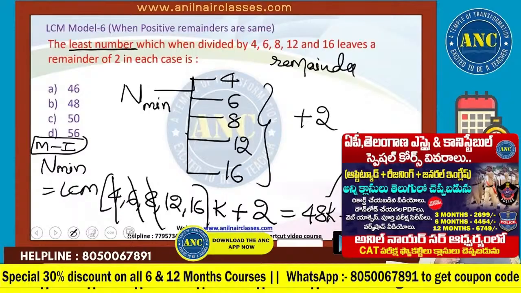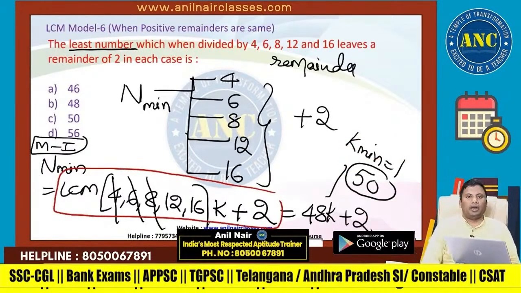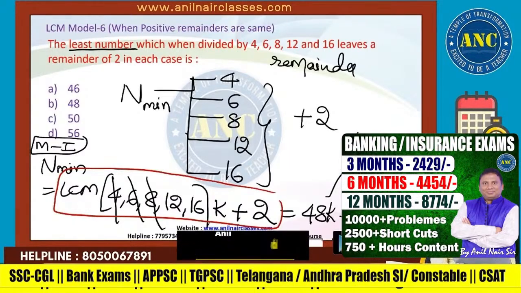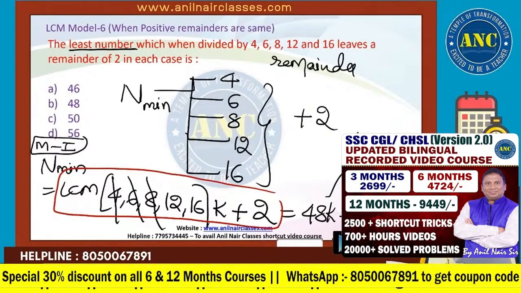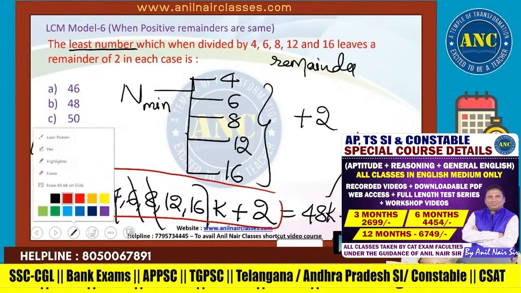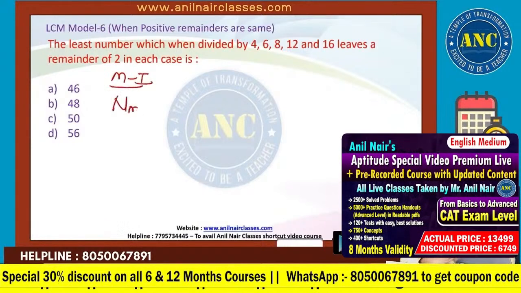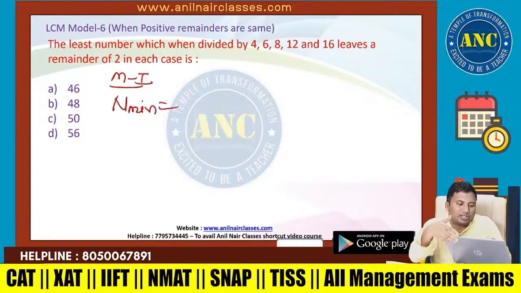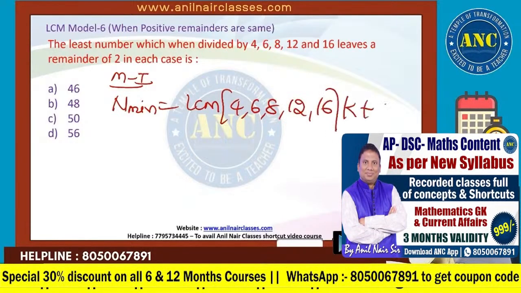That is the LCM of all the numbers into quotient plus remainder: LCM of 4, 6, 8, 12, 16 plus 2. Method number 1. I hope it is clear. Method 1 is very easy; everybody solves these things: LCM of 4, 6, 8, 12, 16 into k plus 2.